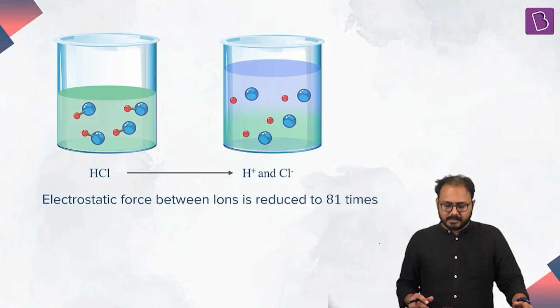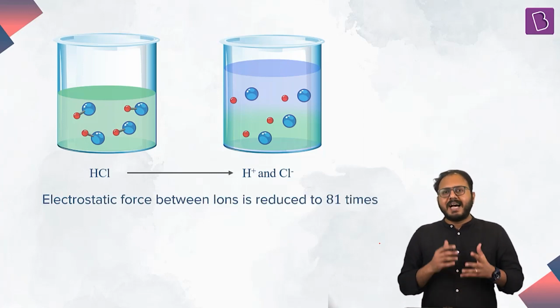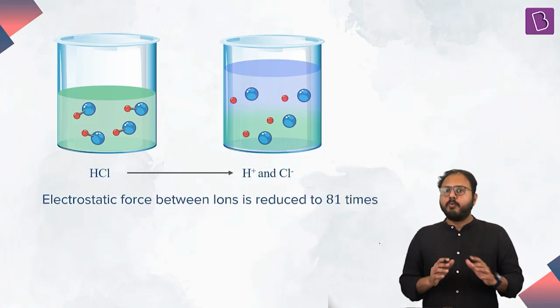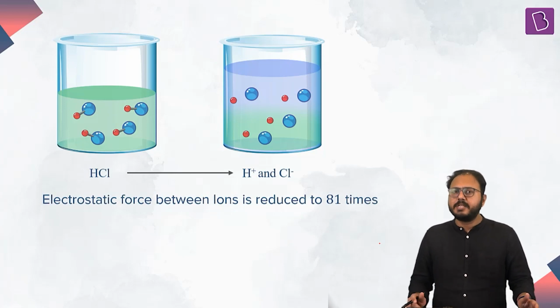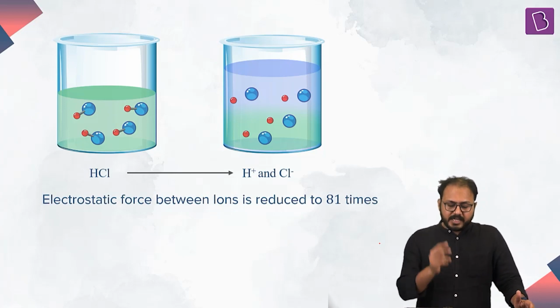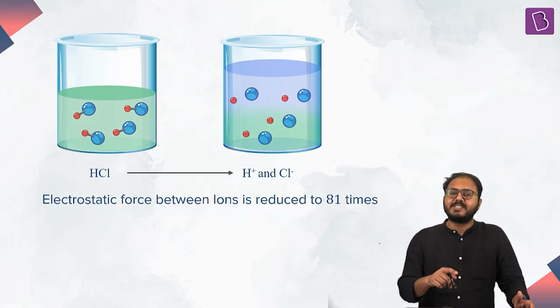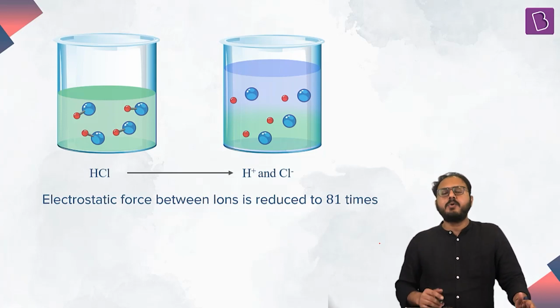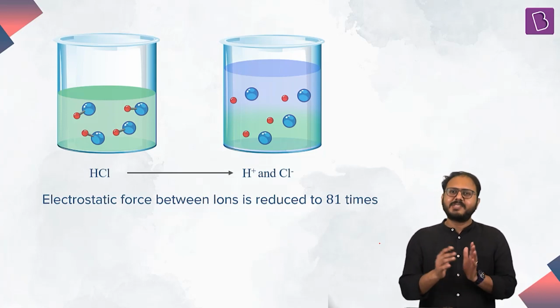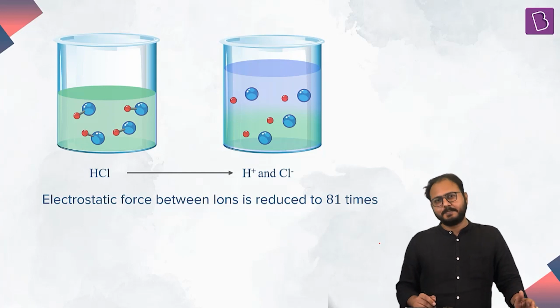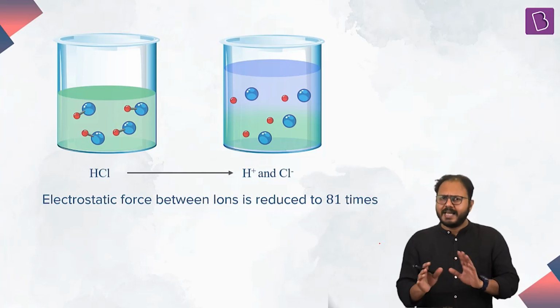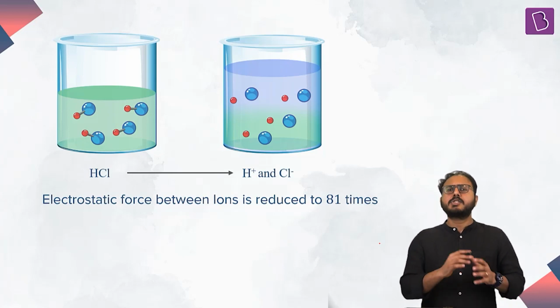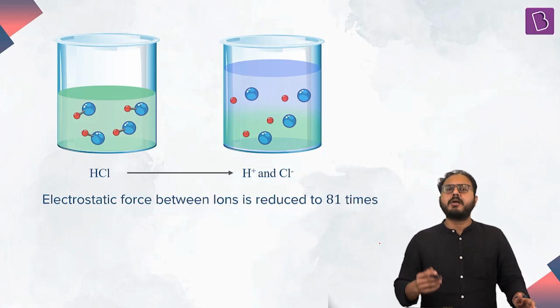Why? Because the dielectric constant of water is approximately 81, and the electrostatic force between the ions is reduced by a factor of 81, and hence the dissociation comes very easy. That's why usually, as a rule of thumb, the solvents with high dielectric constants are actually good solvents.